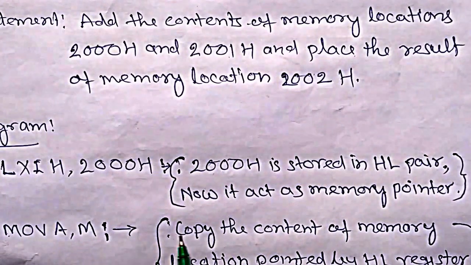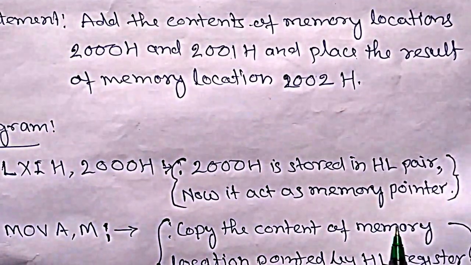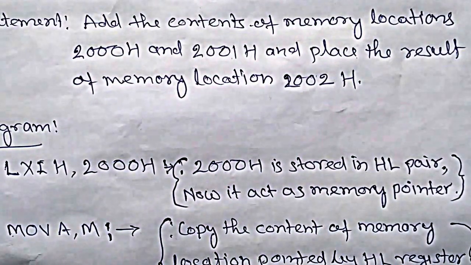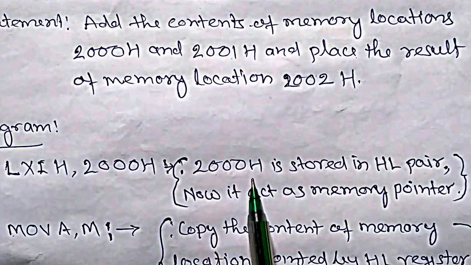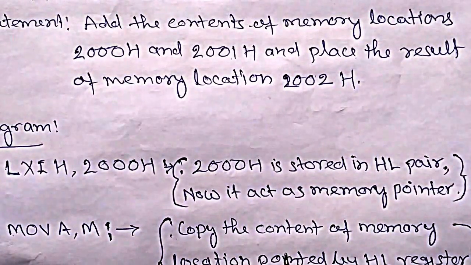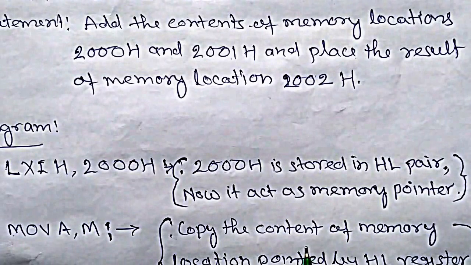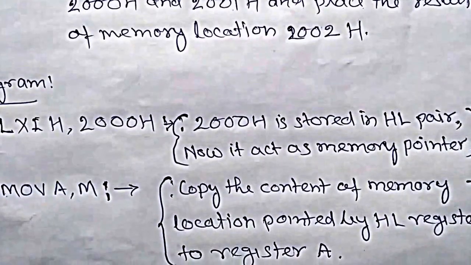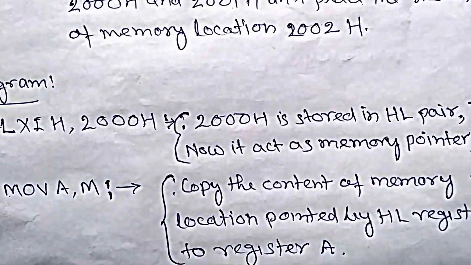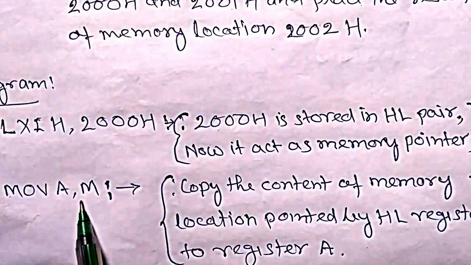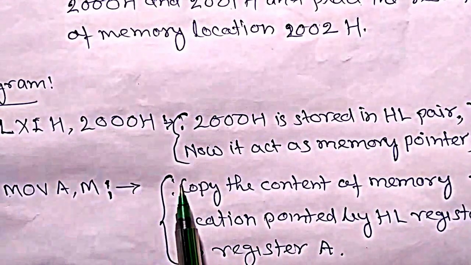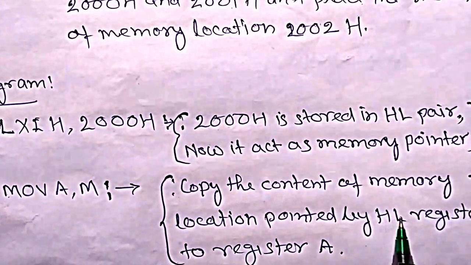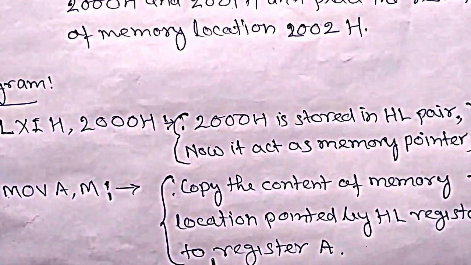So copy the contents of the memory location pointed to by the HL pair, pointing to address 2000H, to register A. MOV A, M means copy the contents of the memory location pointed to by the HL register to register A.